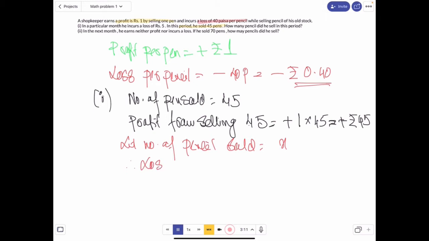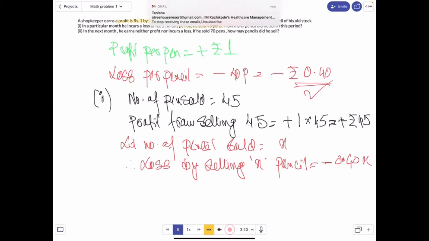Therefore, loss by selling x number of pencils, 1 pencil is minus 0.40, so this is minus 0.40x, right? So now overall he's made a loss. So what will the condition be here? We can write this plus this is equal to minus 5. Why minus? Because loss is negative.